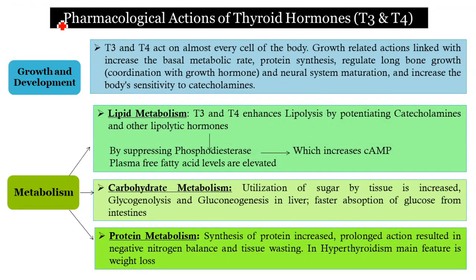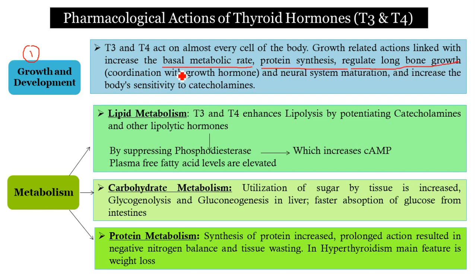Now we will be focusing on the main part of our topic, that is the pharmacological actions of the thyroid hormones T3 and T4. The major action of these hormones is on growth and development. T3 and T4 act on almost every cell of the body, and the growth related action is linked with increase in the basal metabolic rate, protein synthesis and regulation of long bone growth.